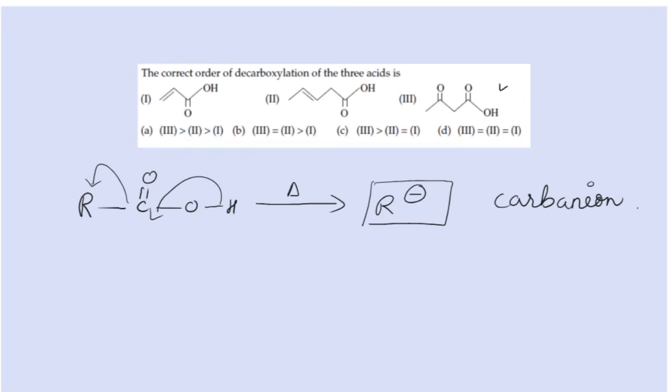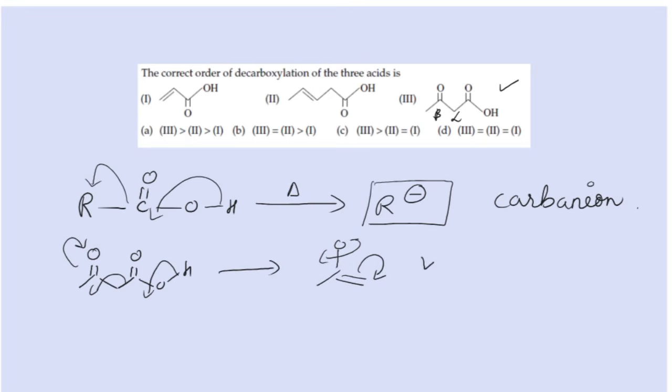For example, in the third molecule, you can see that this is a beta keto acid. In acids like this, when the carbanion is formed upon decarboxylation, you can see that it will be stabilized by resonance like this. Because of this, the decarboxylation is highly recommended for beta keto carboxylic acids.